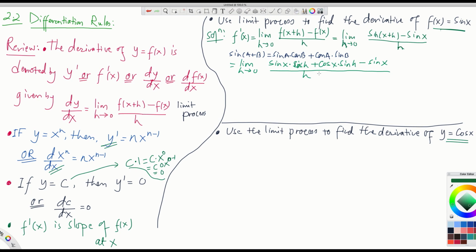Now, if you look at this, there is sine x in this term and in this term.